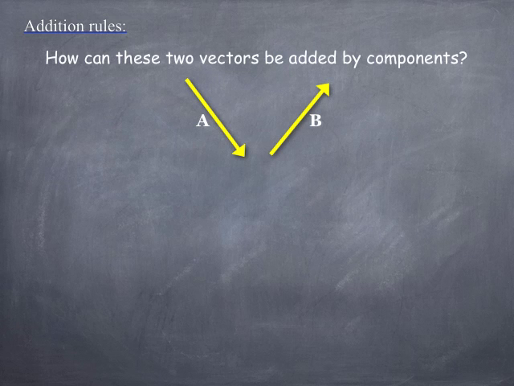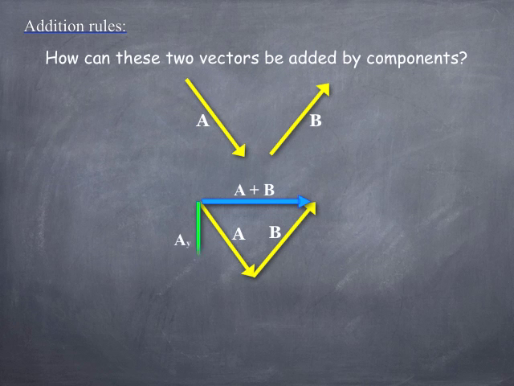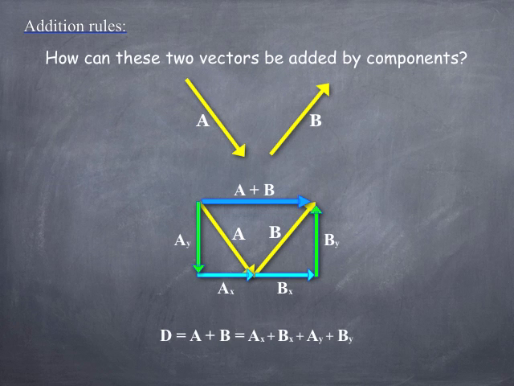Again, we can add vector A plus B by our head-to-tail method. We can do so by breaking vector A into its components and vector B into its components, and then adding those components. Here are vector A's components in the y and the x direction, and vector B's components in the x and the y direction.